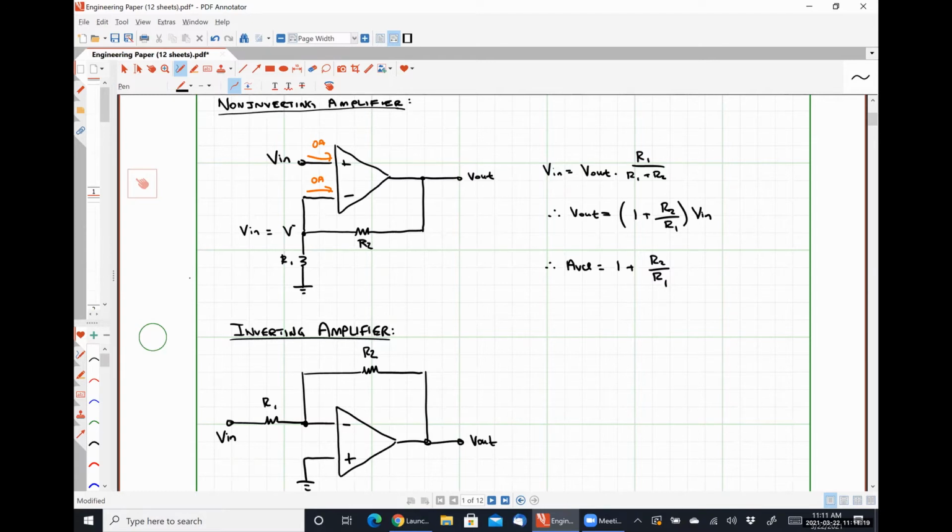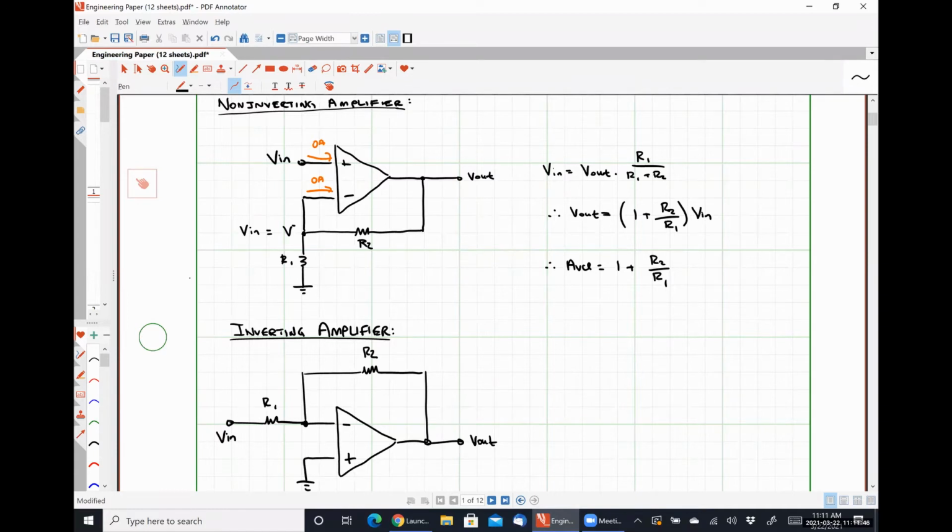If we look at this one, Vin is on the non-inverting input terminal. Ground is placed on this leg of R1 that isn't connected to the inverting input terminal. If I swap those, I get this one. That's the only difference between the two. It's just changing where I place ground and where I place Vin.